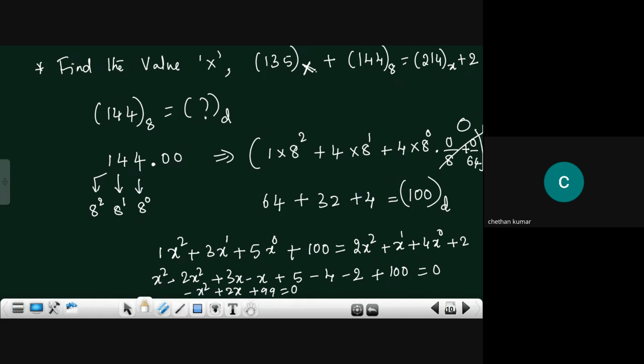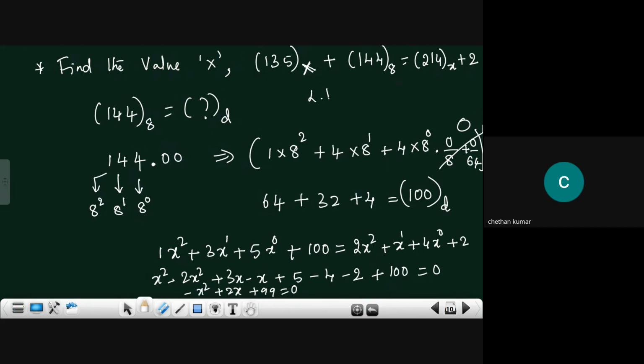If you substitute x is equal to 11, this you can write 1 into 11 square plus 3 into 11 plus 5 plus what? 144 in decimal means what? 100. And this is nothing but 2 into 11 square plus 1 into 11 plus 4 plus 2. If I substitute x is equal to 11, is LHS equal to RHS? Can you prove it? Yes or no?